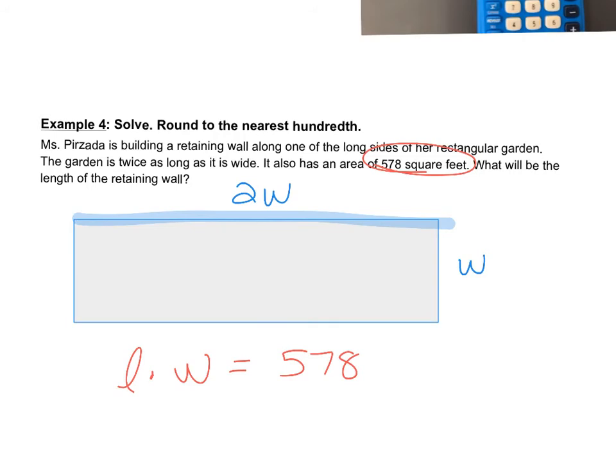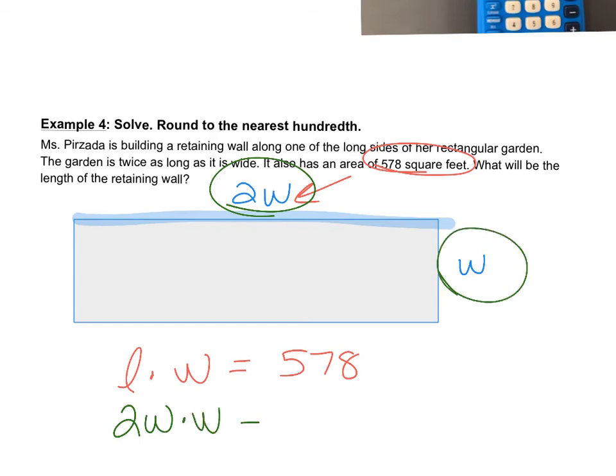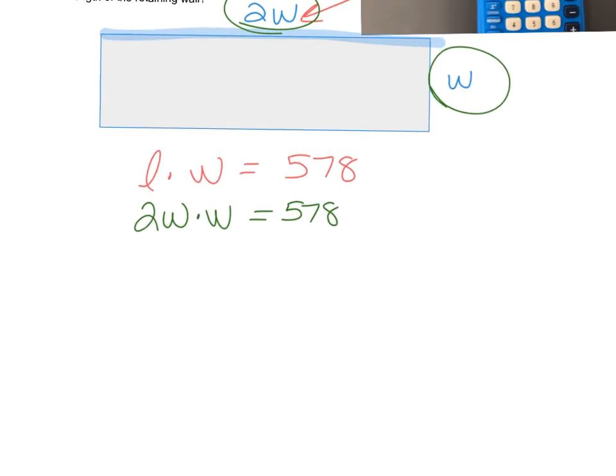What is the length of the retaining wall? That's this one. Well, I know that the area is length, 2W, times width, W, and all of that is equal to 578. This means 2W times W is 2W squared is equal to 578.